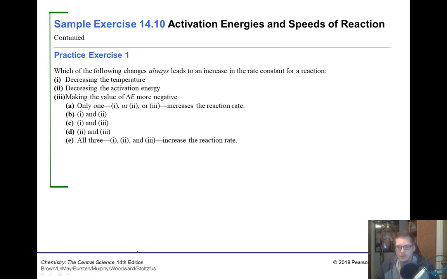If we lower the activation energy by adding a catalyst or something like that, that would increase the rate constant. That's always true. So 2, and then number 1, decreasing the temperature, no, that can't be right. And making the value of delta E more negative doesn't have anything to do with the rate constant. So 3's out, so it's got to be A, just number 2.